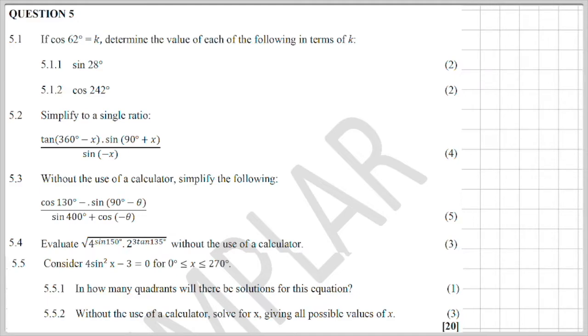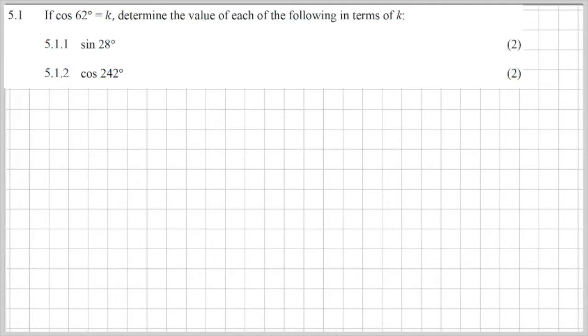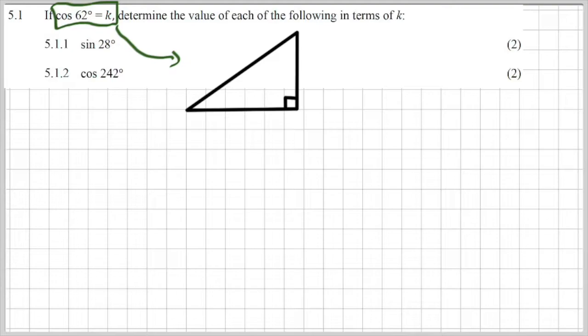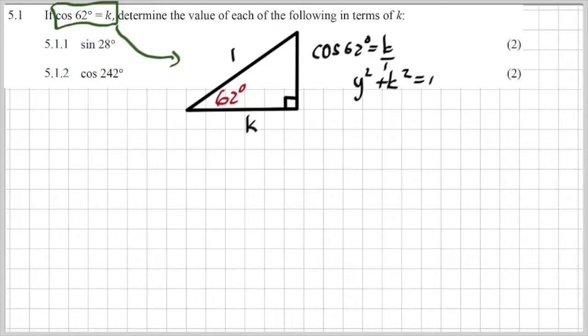So looking at question 5.1 specifically, whenever I read a question like this, determine the value of the following in terms of k, I first of all go and draw a triangle that represents cos of 62 degrees, which means cos of 62 is k, or k over 1, which looking from the 62 degrees is adjacent over hypotenuse.